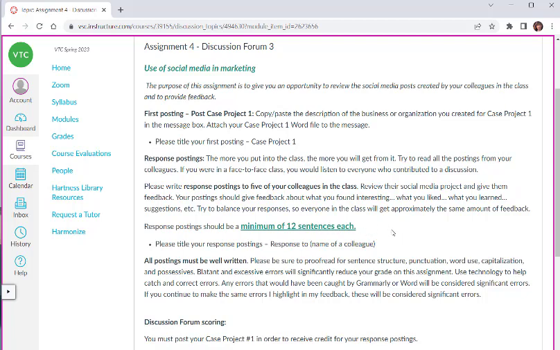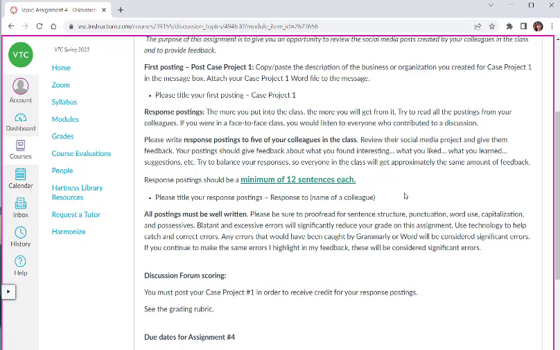Typically, your response posts are a minimum of 6 sentences. Because you are only doing response posts for this forum, you need to write at least 12 sentences. And again, when you look at Case Project 1 that your colleagues posted, you give them feedback. What did you find interesting? What did you like? What did you learn?